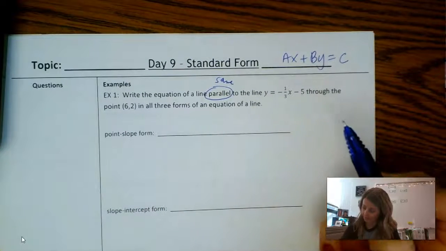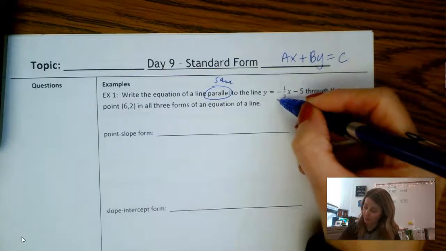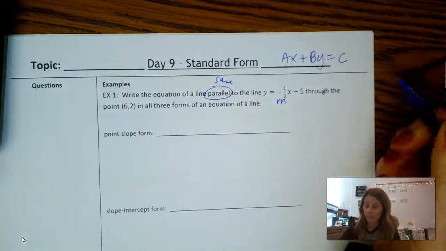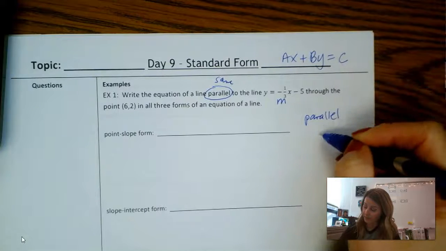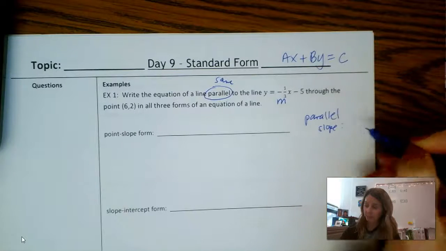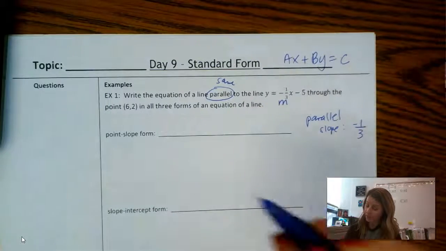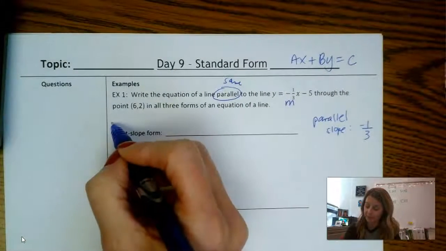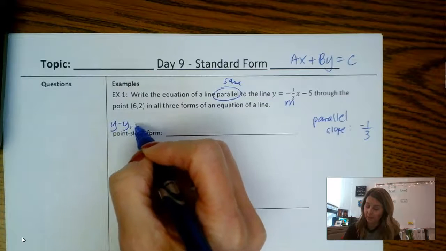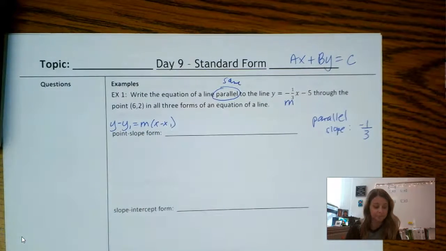The current slope of this equation is negative 1/3. So I need to figure out what is my parallel slope. Well, they have the same slope, so I'm going to work with negative 1/3. For point slope form, I'm going to jot down over to the side what point slope form is: y minus y1 equals m times x minus x1.